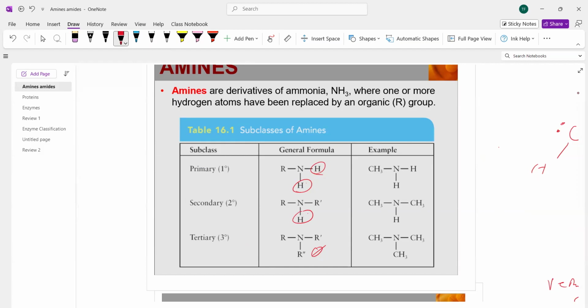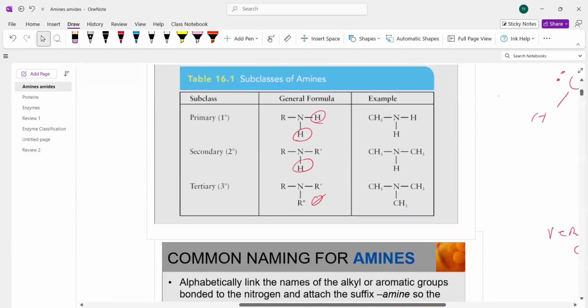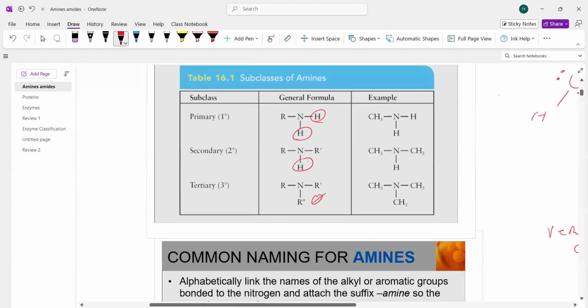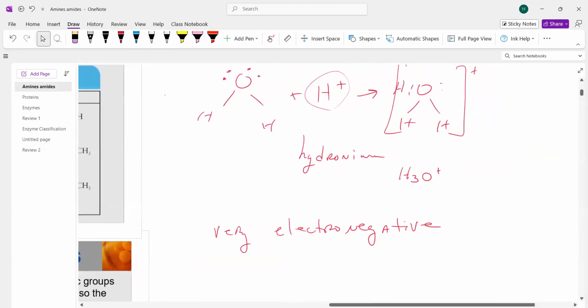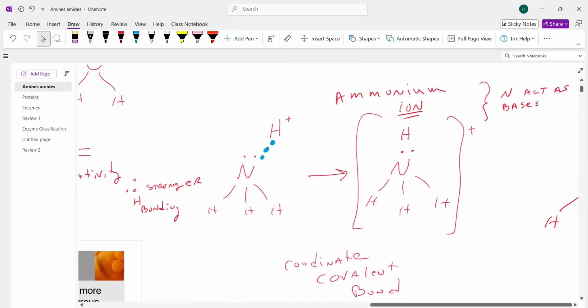Now, we can go one more level and go quaternary. And that's the ammonium ion I spoke of a minute ago, which is right there.